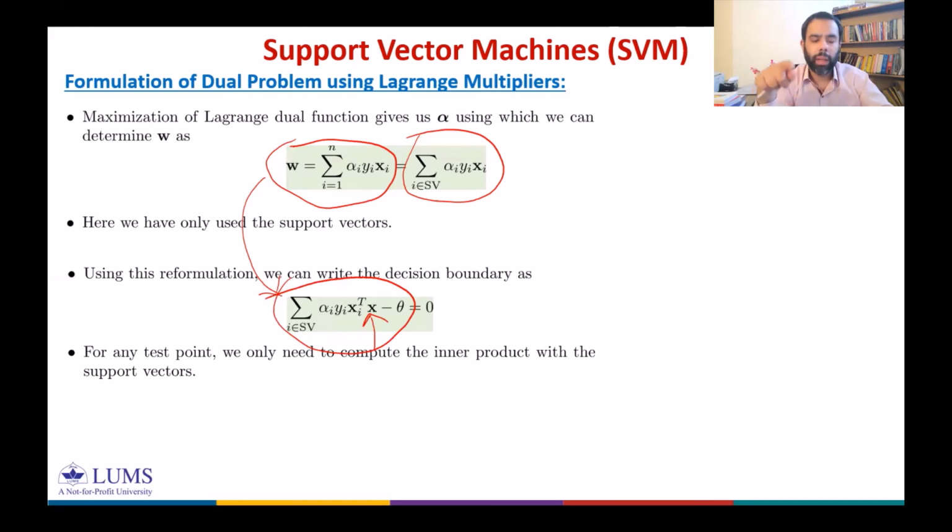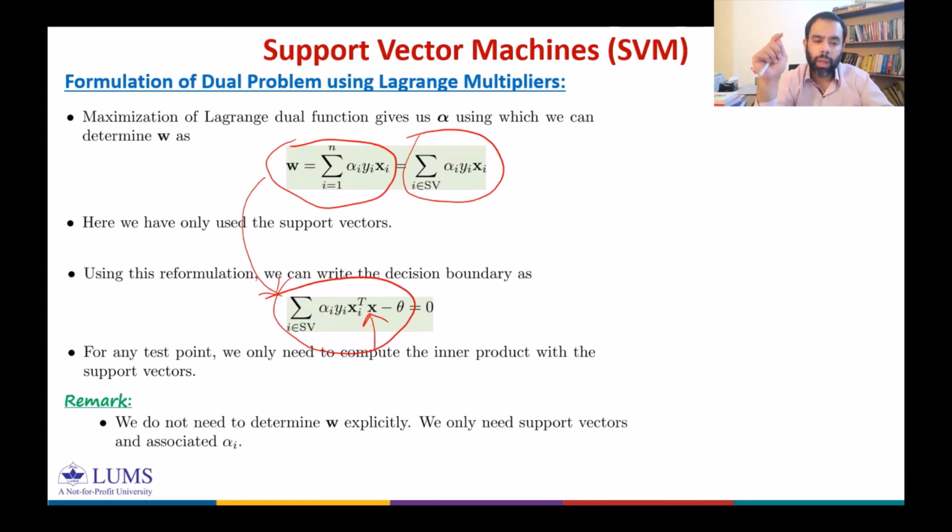And in fact, if you have not observed yet, we do not need to determine W explicitly. We only need to know the support vectors and the associated alpha i.